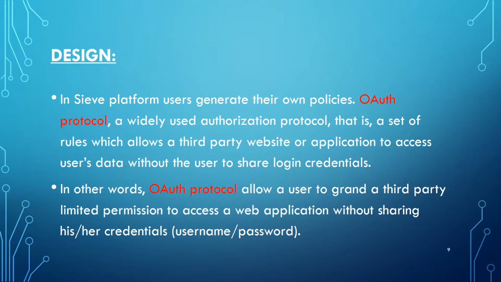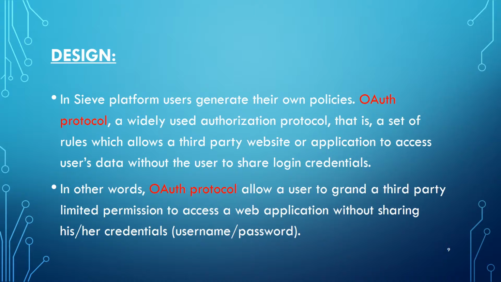It's a widely used authorization protocol, a set of rules which allows a third-party website or application to access user data without the user having to share login credentials. Sometimes you can see that happen. Someone tries to access your email, for example, and asks for your permission, like Facebook wanting to go to your Facebook account. Behind the scenes this is using the OAuth protocol.